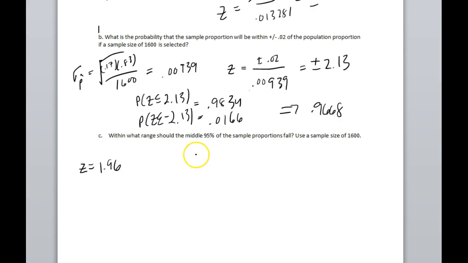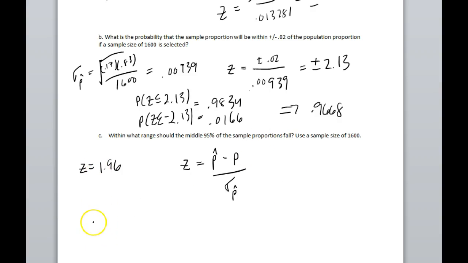So what we do is we have our Z formula. Our Z formula for the sample proportion is going to be Z is equal to p hat minus p all over sigma p hat. We have all these numbers except for p hat, so we're going to solve for p hat.